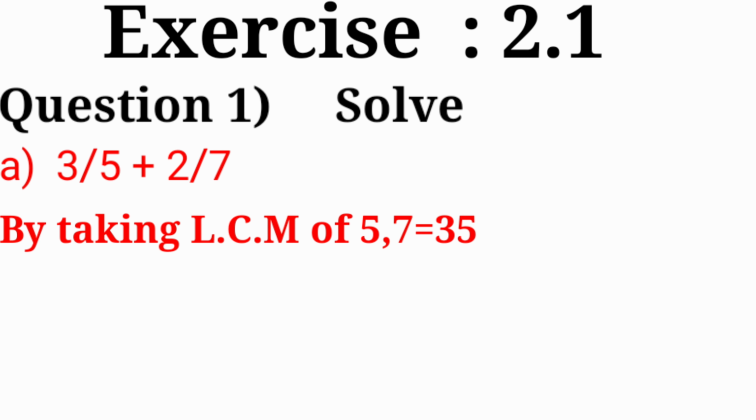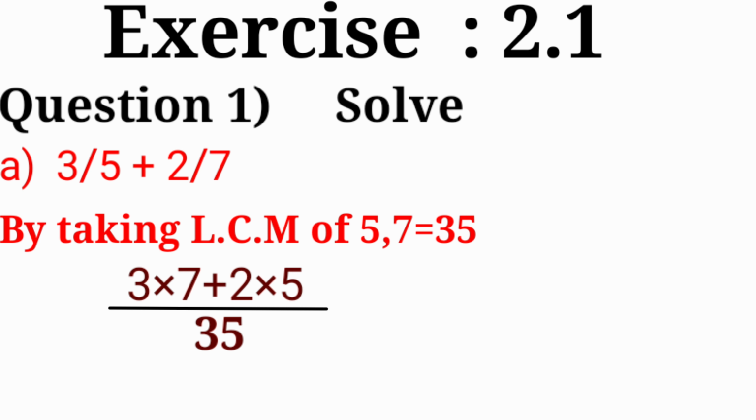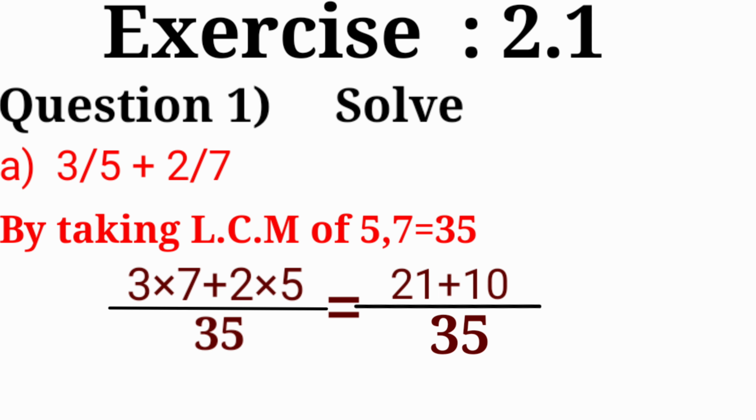So now the LCM of 5 and 7 is 35. Now 35 is the LCM, 5 7s are 35, so for the equivalent fraction, 3 also will be multiplied with 7, plus 7 5s are 35, so the 5 will multiply with 2 as well. So we'll get 7 3s are 21 plus 5 2s are 10 divided by 35 only.